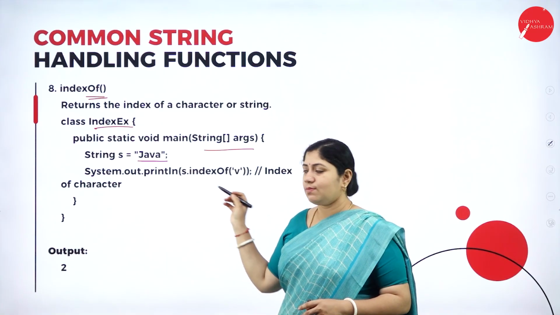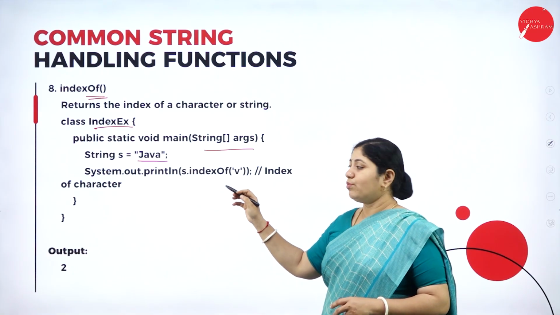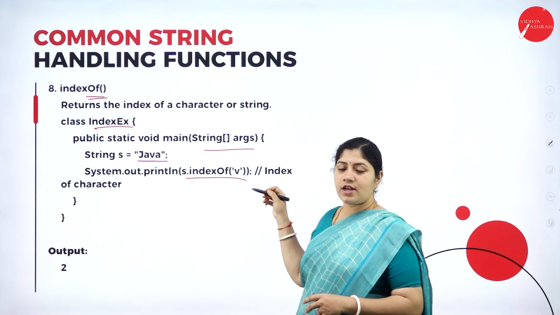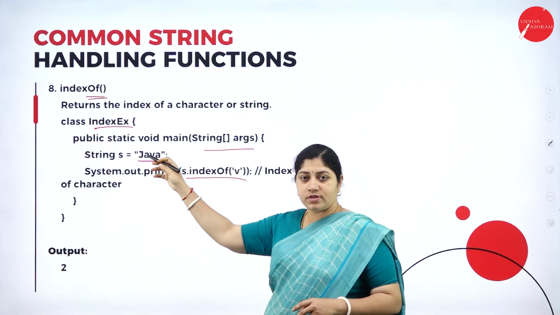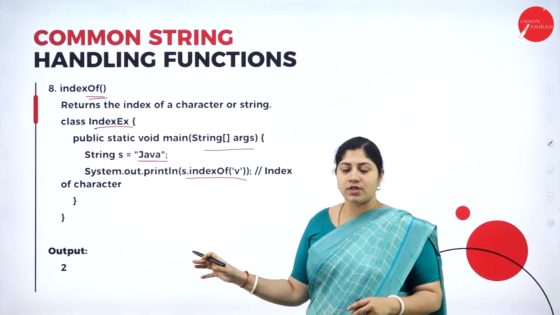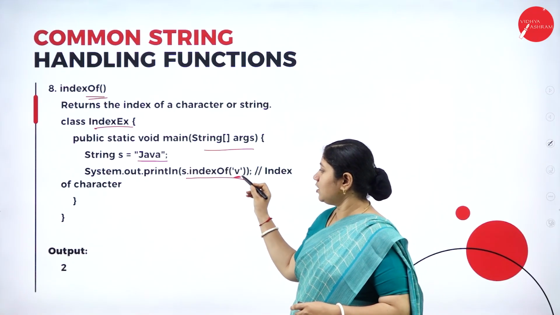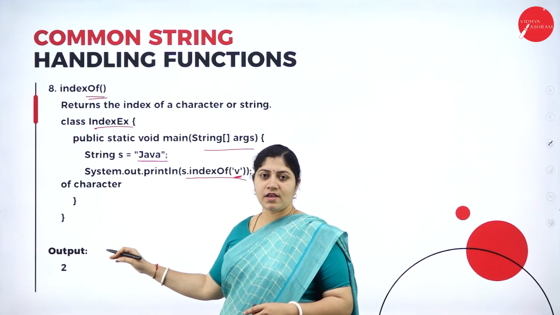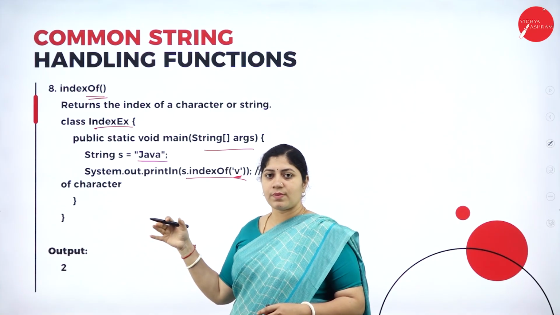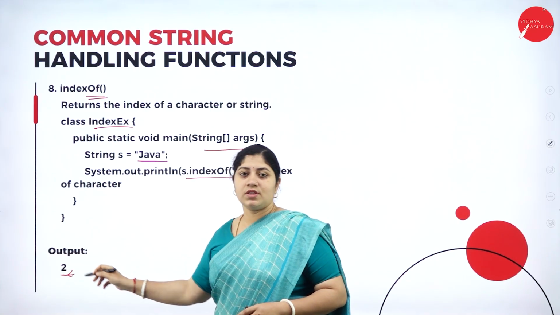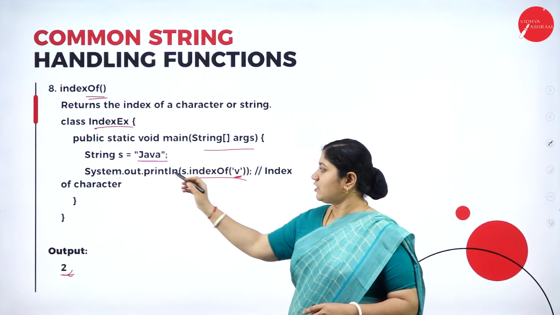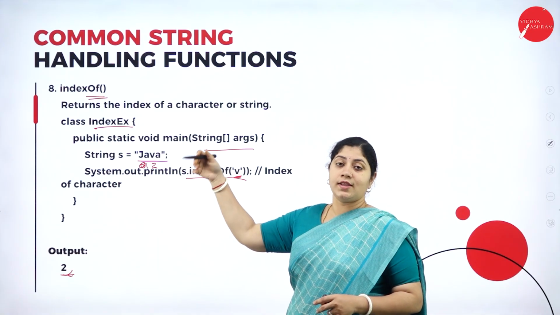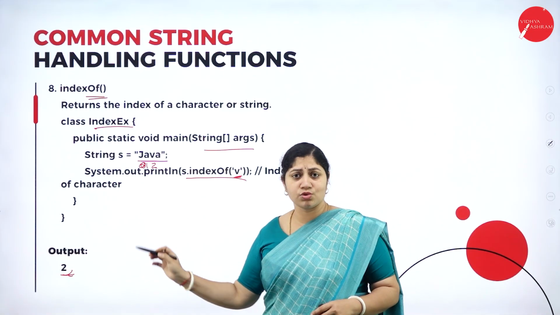So let's write System.out.println followed by s.indexOf. Within the indexOf, we have to write the character whose index has to be printed. So let's say we need the index value of the character v. Thus, let's complete the program by adding parentheses, and after execution of this program, the output we get is 2. Yes, correct, right? 0, 1, 2, and the v's index is none other than 2. So it's the right one.